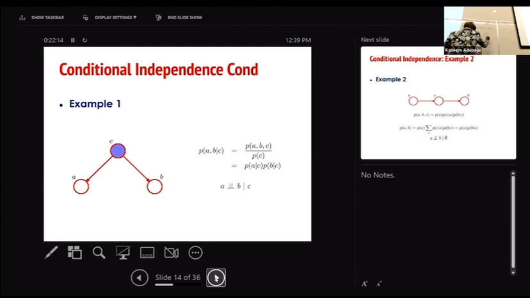The probability of A, B given C. Look at that. A comma B given C. Okay, this is the probability of C. This is the probability of A, B, C. So if I want to find this, I can do the probability of A, B given C equals the probability of A, B, C divided by the probability of C. That's what you see. Any question?